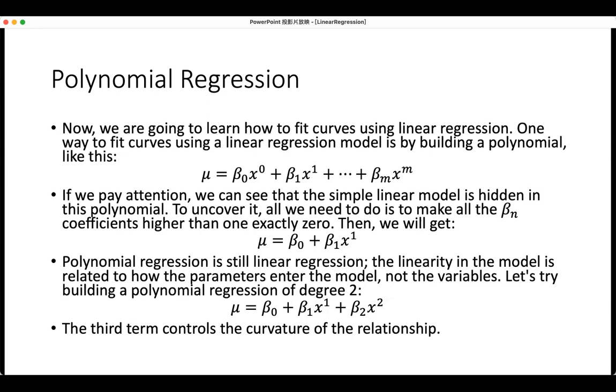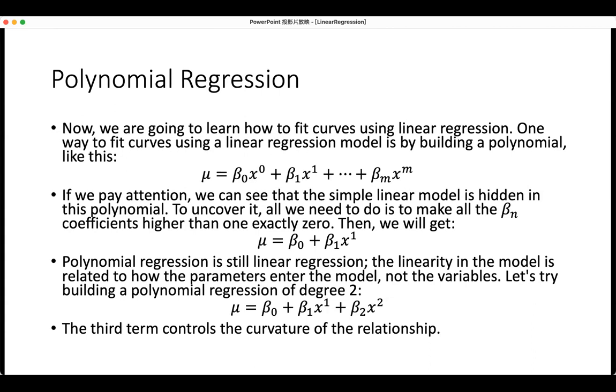So you can imagine, this formula obviously includes the simple linear model in there, right? If you set all the coefficients, beta 2, beta 3 up to beta m, to be 0, then what we are going to get is a simple linear model.